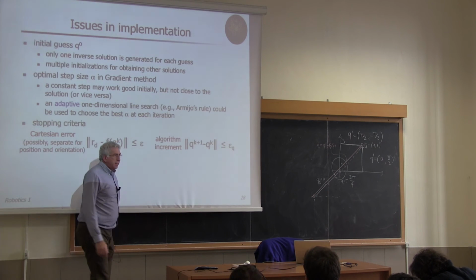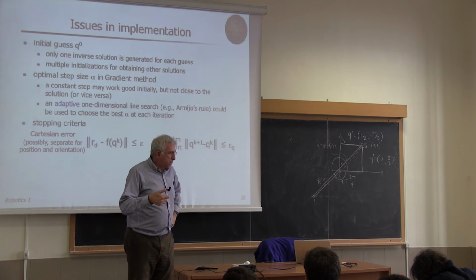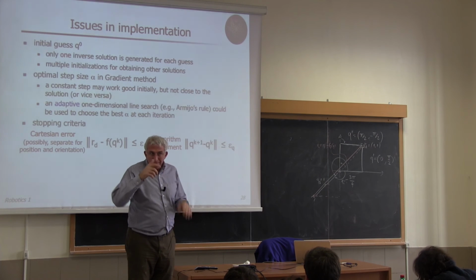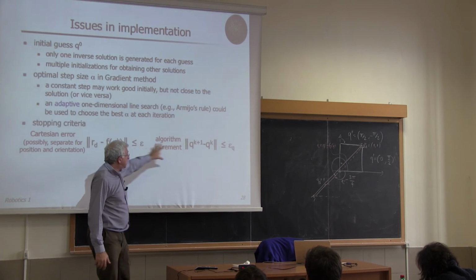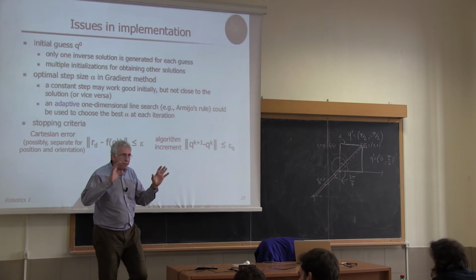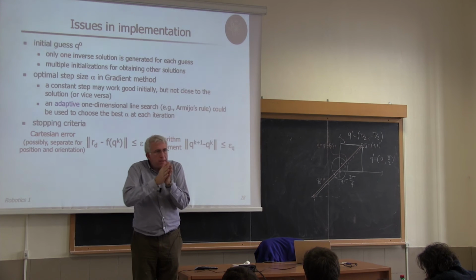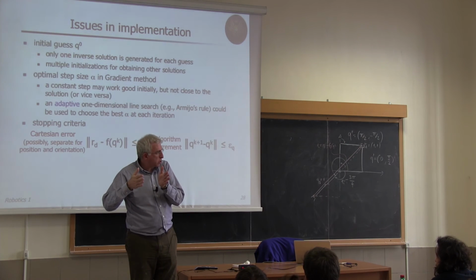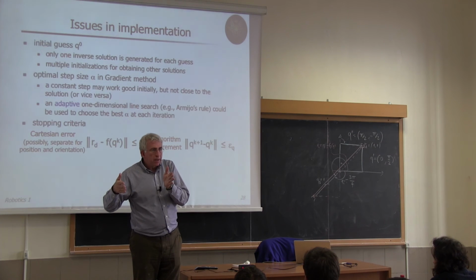And then another check that you can make is how much the algorithm increments. Because you have to test two different spaces. This is the Cartesian space or the task space, this is the joint space, so the metrics are different. You may be very close in the Cartesian space, but still have enough motion in the joint space so that it makes sense to make an increment.